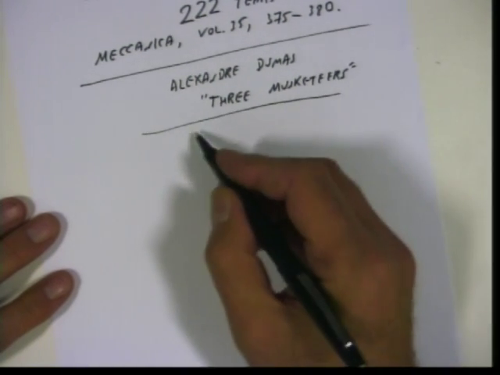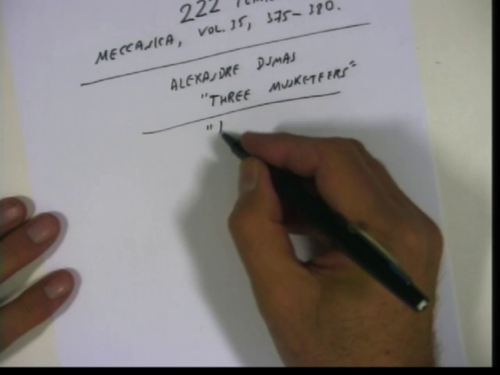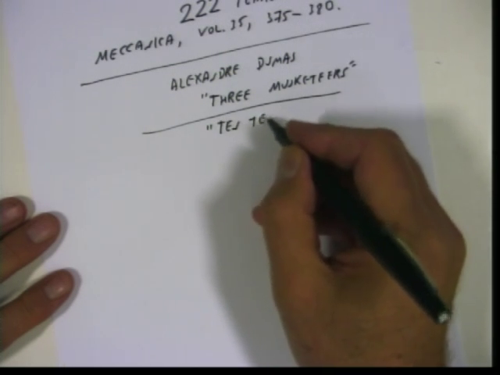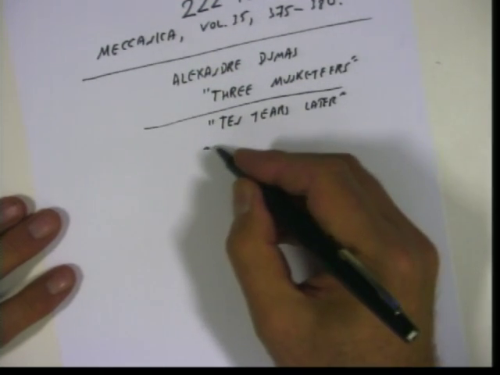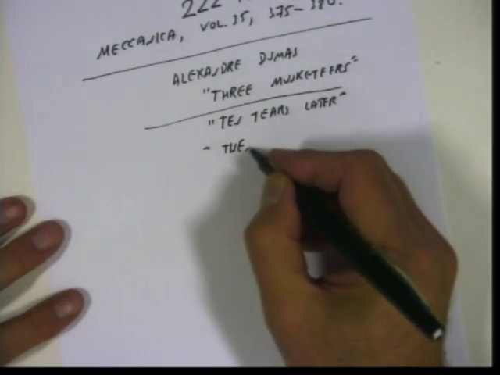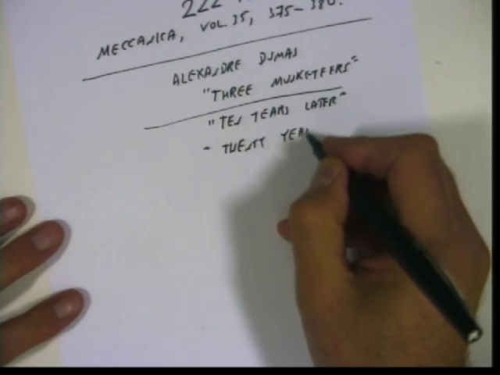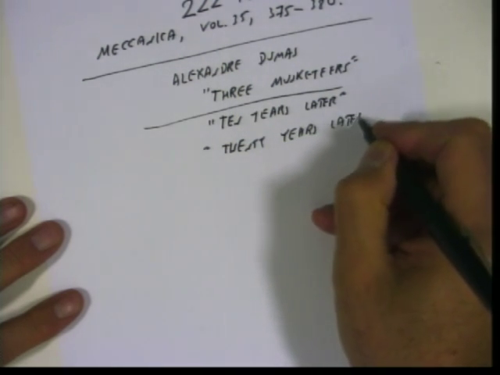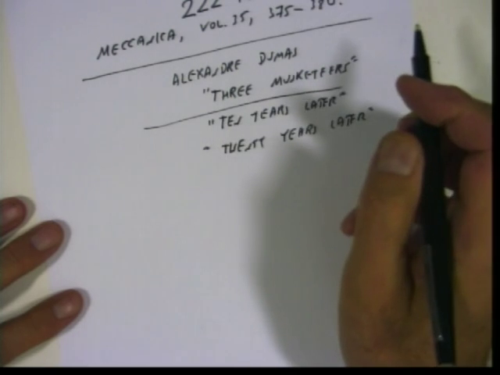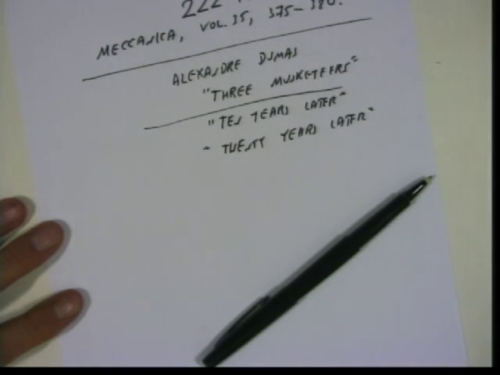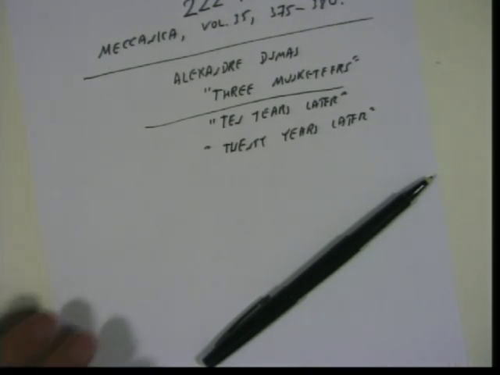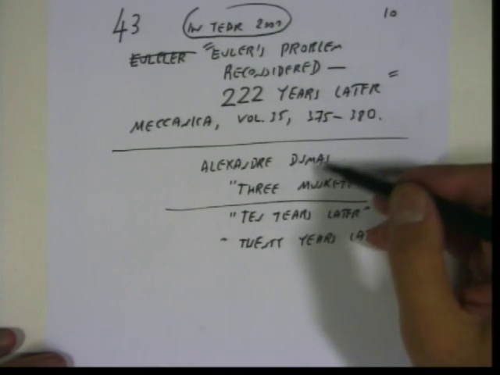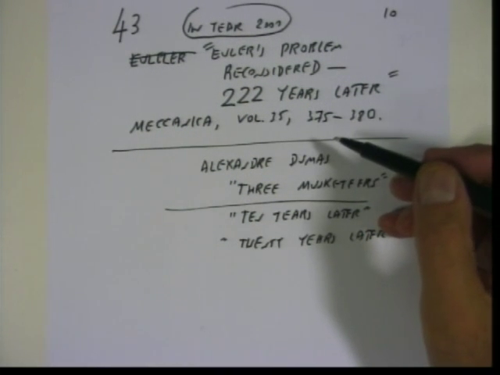Later, it has a follow-up called Ten Years Later. And then it has Twenty Years Later. So it describes what has transpired with these Three Musketeers 10 years later than in the original book, and then 20 years later, etc. So I was inspired by the title by Alexander Dumas.